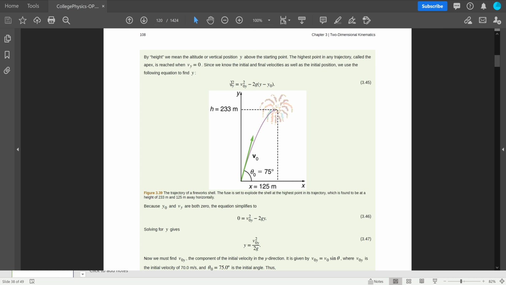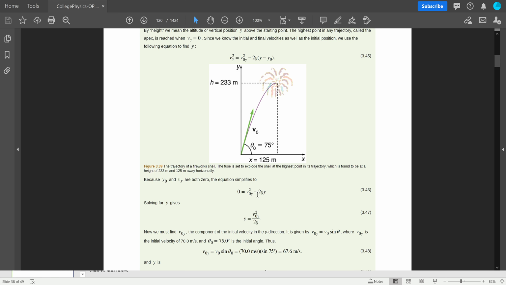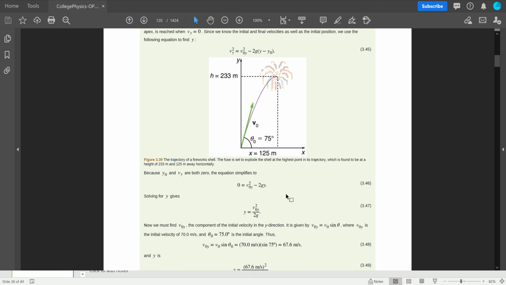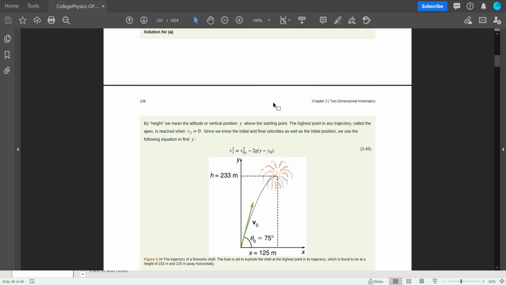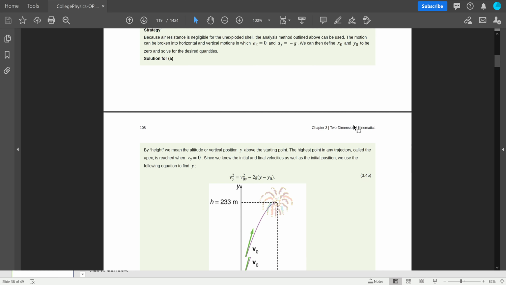So we know that our y component, like we mentioned, is going to be 0 because it stops at that highest peak. And we have our initial velocity of the y component, because we have our v sine of 75, which we have to calculate. And we have -2 times our gravity times the height. And the height, well, that's something we have to find out.